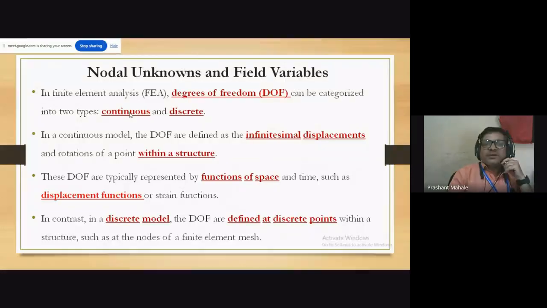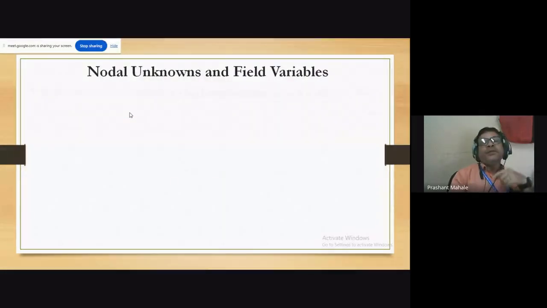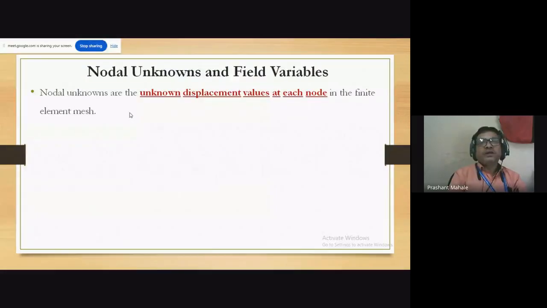In contrast, in a discrete model, degrees of freedom are defined at discrete points within a structure, such as the nodes of a finite element mesh, as I explained. Now, what is this nodal unknown then? Nodal unknowns are unknown displacement values at each node in case of discrete degrees of freedom.